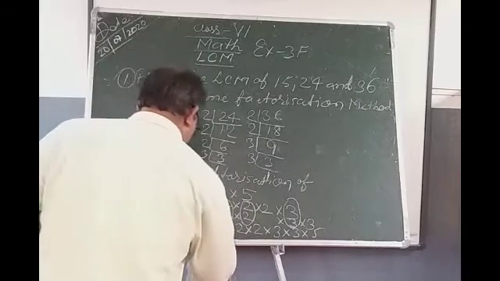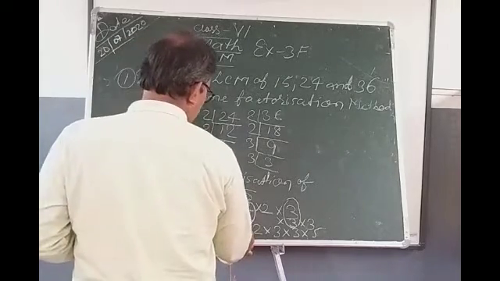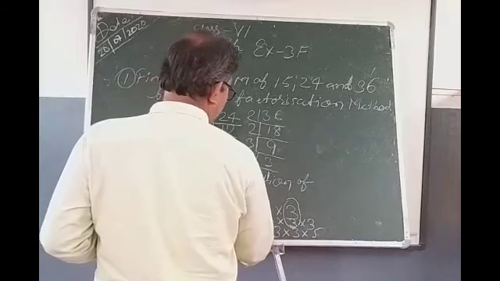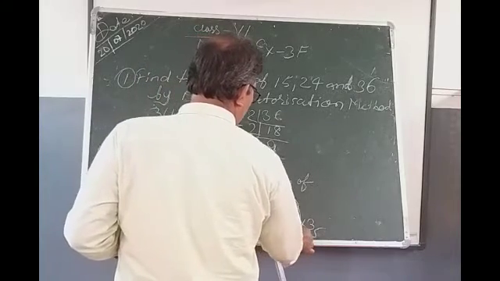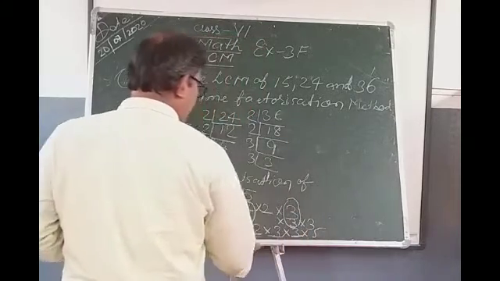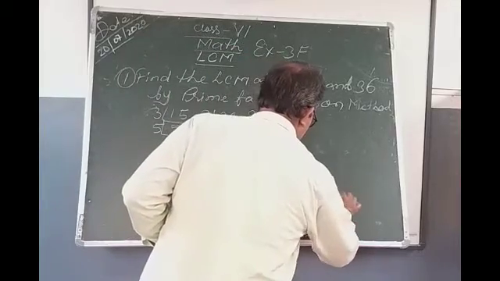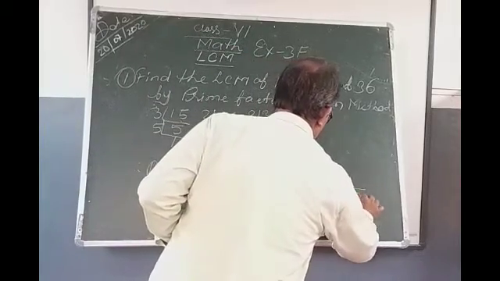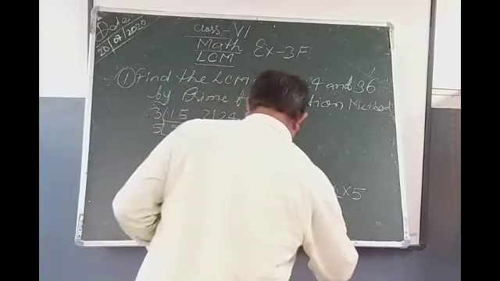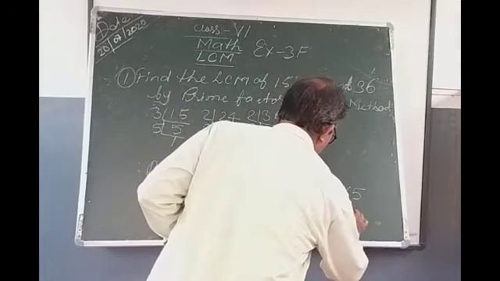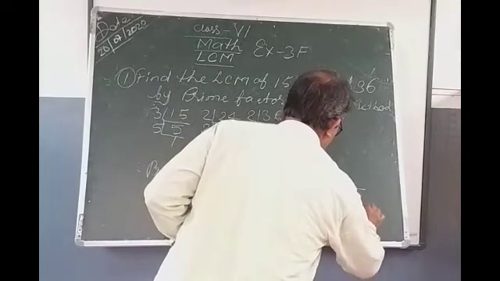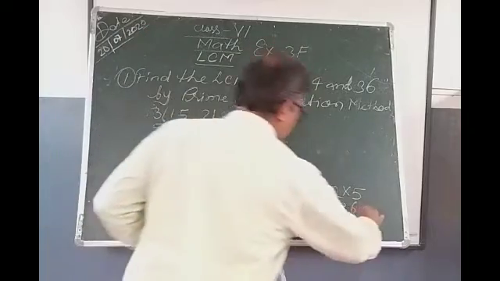You will multiply: 2 2s are 4, 4 2s are 8, 8 3s are 24, 24 3s are 72, 72 into 5 is equal to 360. 360 is your LCM.